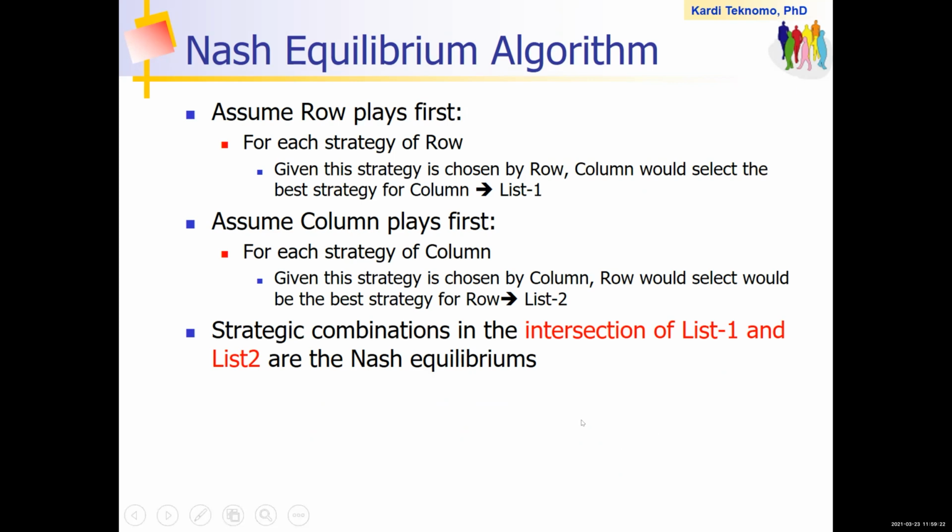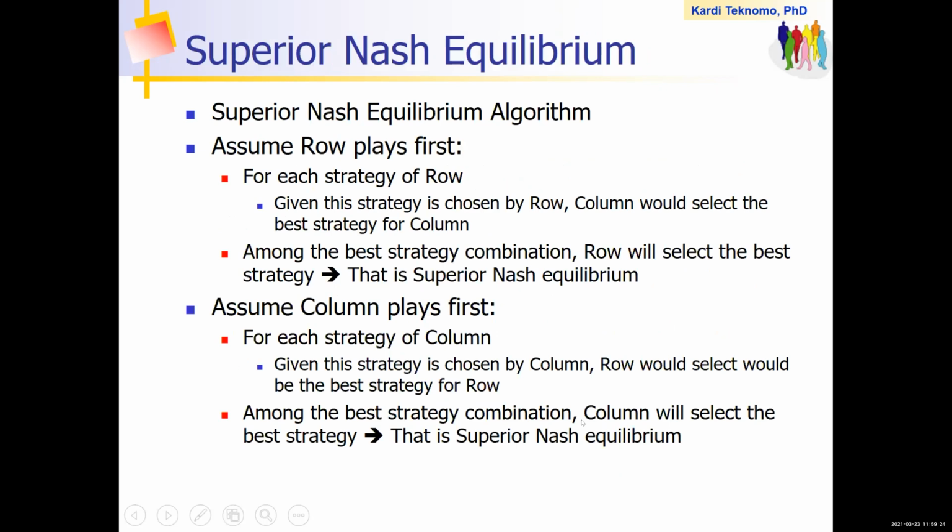Simple? But let's check using an example after this. But before that, there is what is called superior Nash equilibrium. Again, you assume the row plays first. For each strategy of the row, given this strategy chosen by the row, column will select the best strategy for the column.